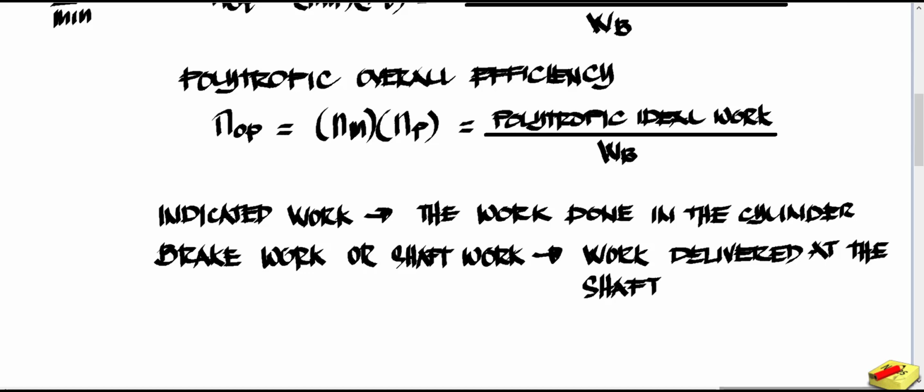If we have your compressor here, for example, then you have your shafting connecting to the electric motor. So your compressor, your piston here, is connected to an electric motor. The brake work will be the shaft connecting the compressor and the electric motor. That is the work being delivered.